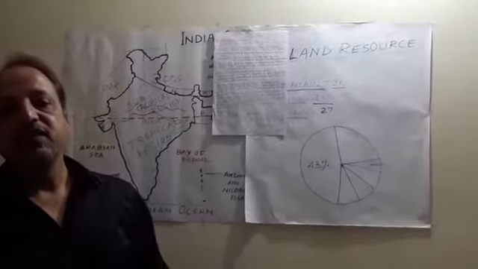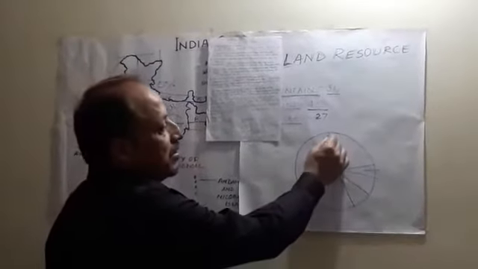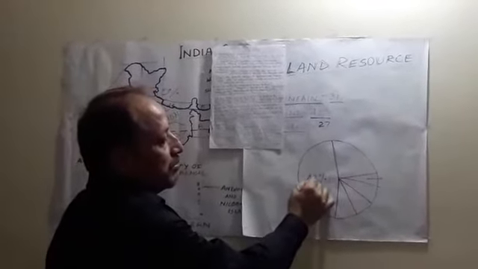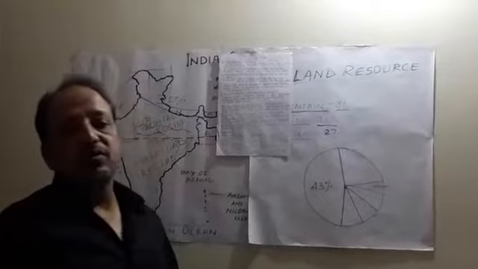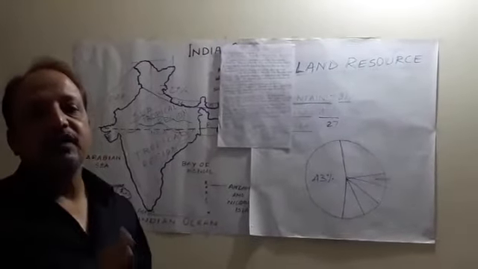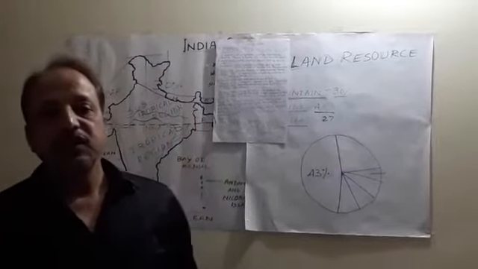If you see the land use pattern of India, which we generally show on a pie chart, roughly 43% of the total area comes under net sown area. What is net sown area?